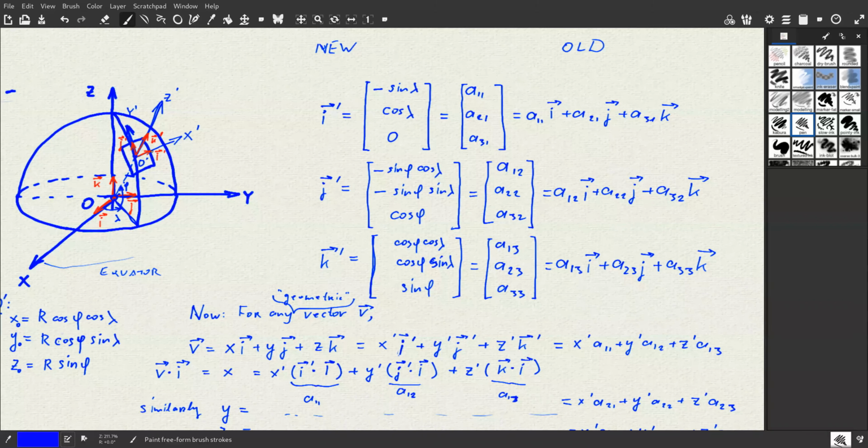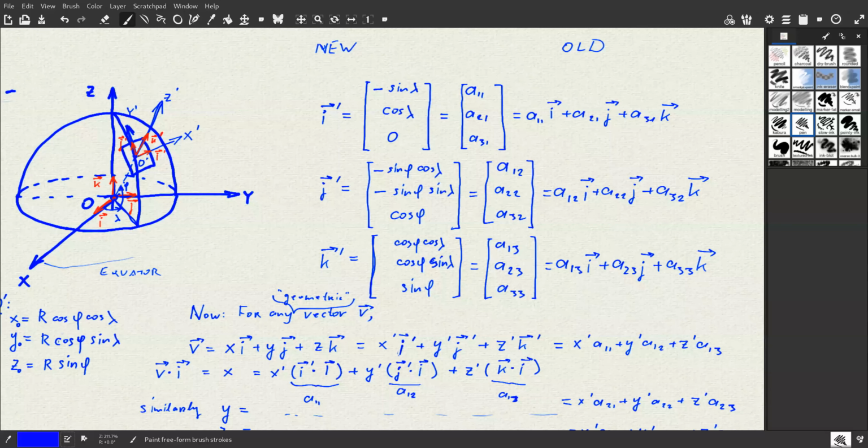So the angle between I prime and x is lambda plus 90 degrees, lambda plus pi over 2. Therefore, the cosine of that would be minus sine lambda. And the angle between I prime and y is exactly lambda. So we have cosine lambda here. So this seems to be correct.